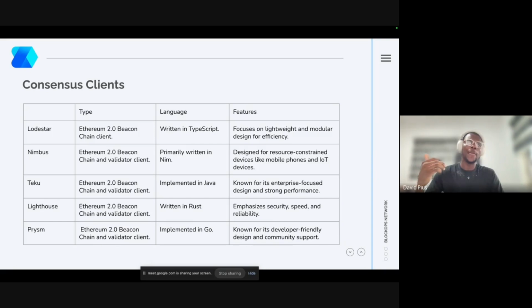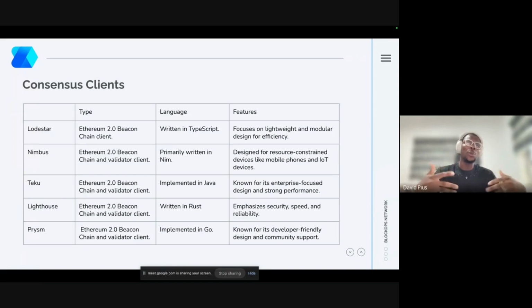Let's assume there is a bug in that software. It will actually affect everybody in the network. But where everybody is using different clients, not just one client, that single point of failure is now breached. So this is one of the reasons why we should have more different clients.